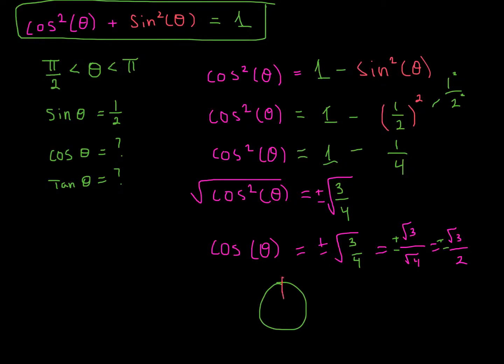Well, pi over 2 is here, and pi radians is right there. So it's somewhere in between, somewhere in this quadrant. And so what is cosine over here? Well, the cosine is negative. So the cosine that we're looking for is going to be negative root 3 over 2.